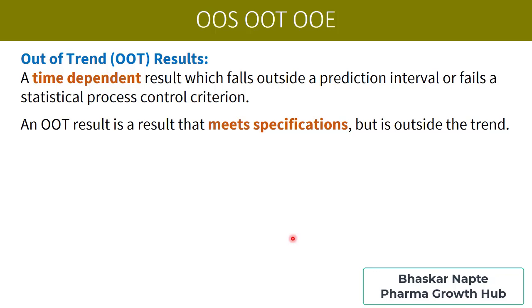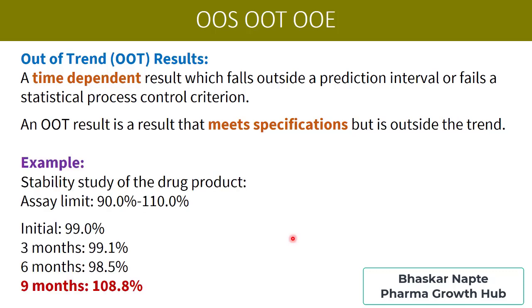Second part, if the results are observed for a long period of time, the way I explained the stability result, but the results are meeting the specification, but some results are not within the trend. They are not following the exact trend. Then you can say, now I have come across an out of trend result, and you have to investigate those observations by the OOT SOP. I hope you are now clear on OOS, OOE, and OOT.